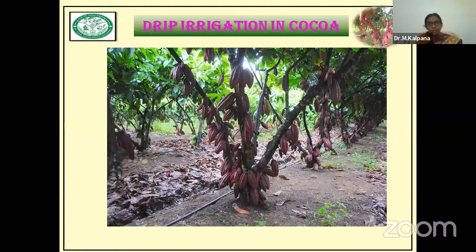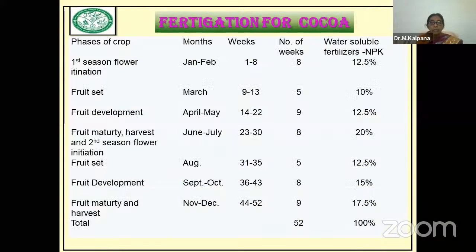This is the drip system in cocoa, which provides 20 liters per tree per day. The fertigation schedule has been standardized by Tamil Nadu Agricultural University.